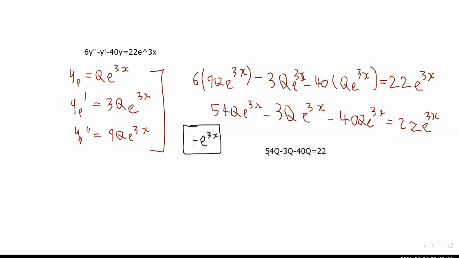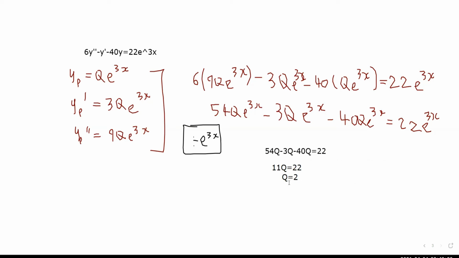So then I know 54q minus 3q is 51q. And then 51q minus 40q is 11q. And 11q is equal to 22, and so q is equal to 2.